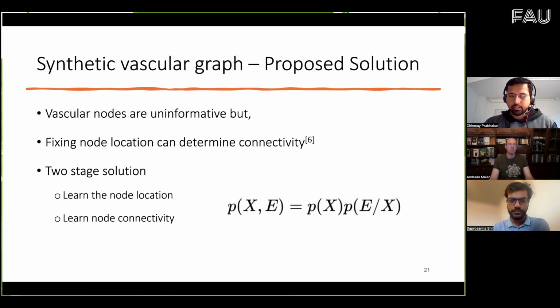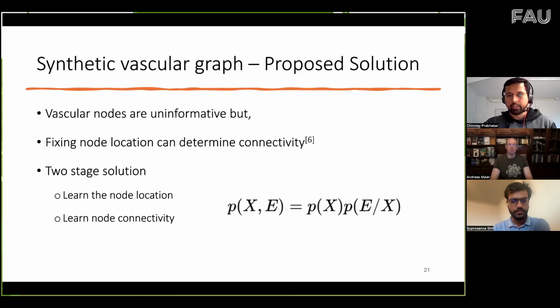And as such, we propose to use a two-stage diffusion model to synthetically generate vascular graphs. In the first stage, we learn the node locations. And in the second step, we fix the node location and then start learning the connectivity between the nodes.